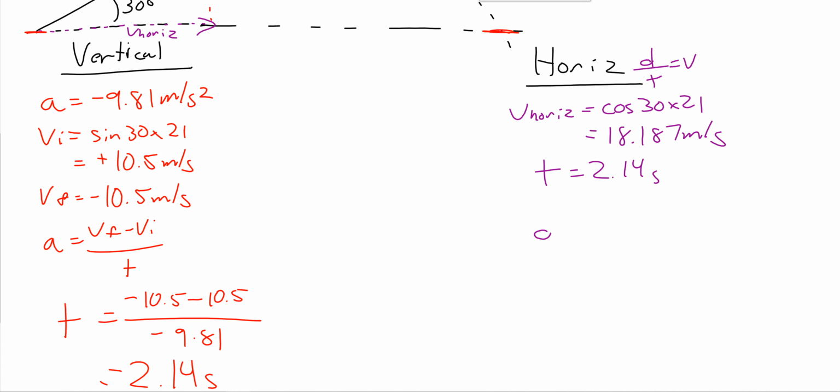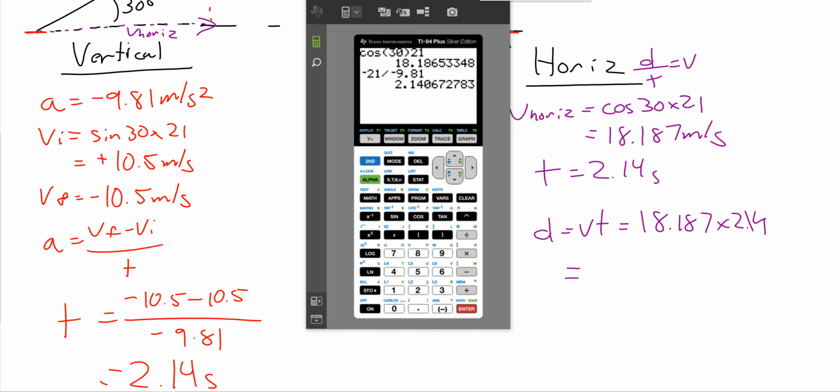So now I can do this: D equals V times T. I take my 18.187 and multiply it by 2.14 seconds, and I'll have the horizontal distance traveled. So the rock is going to travel, we only have 2 significant digits here, so 39 meters.